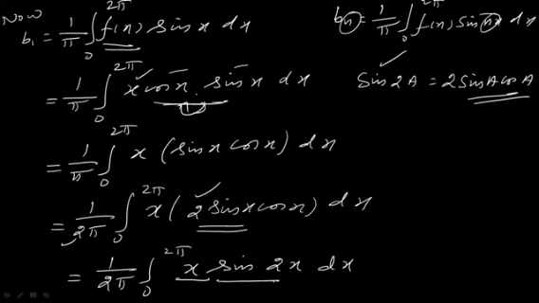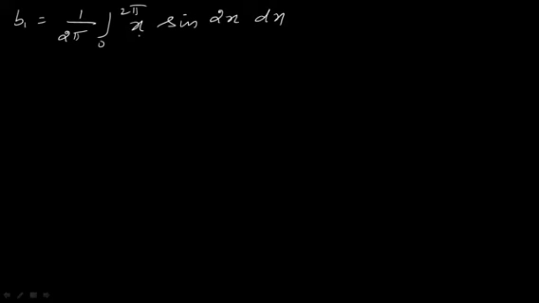This is how the form integral uv dx. So b1 is equal to 1 by 2 pi integral 0 to 2 pi x. I am going to write it once again, the previous term. So x sin 2x dx. This is how the form integral uv dx.